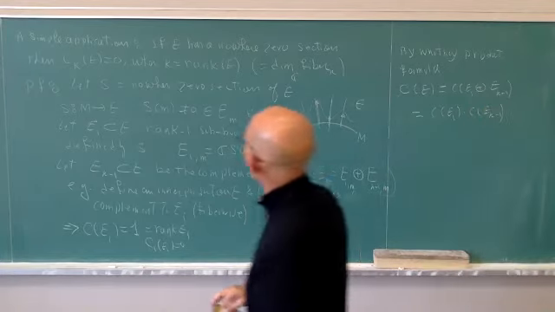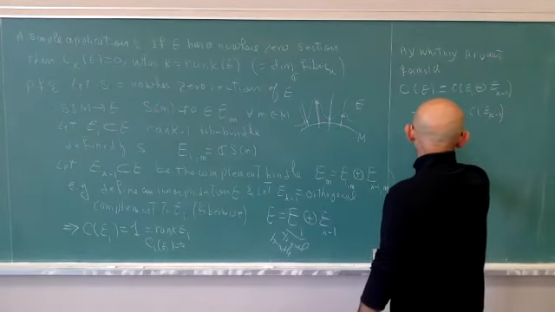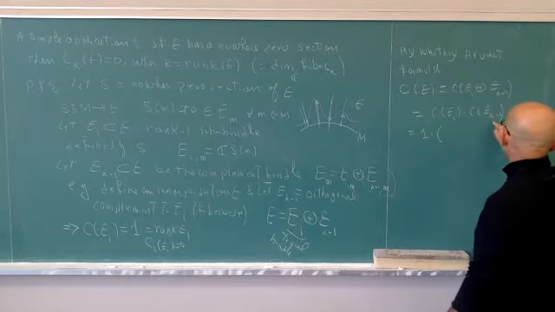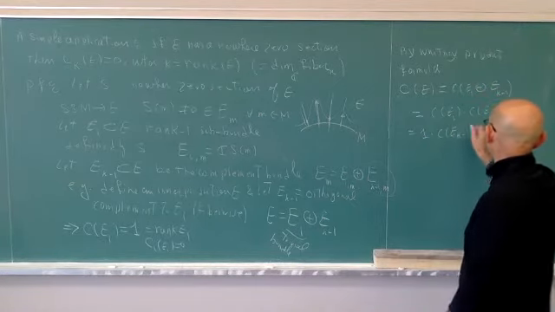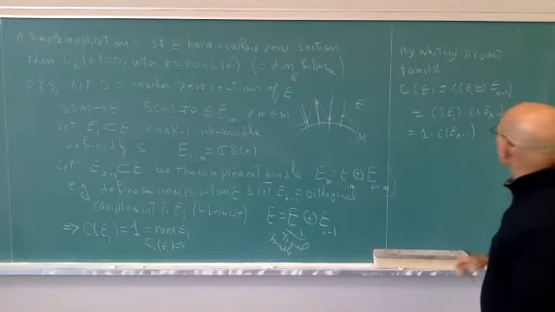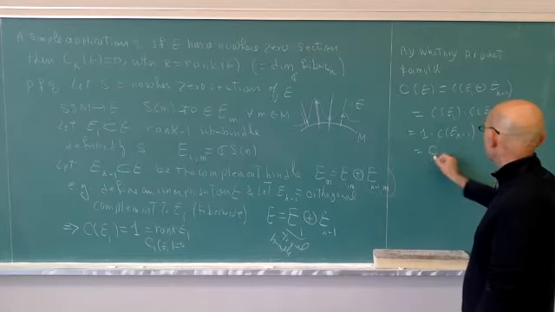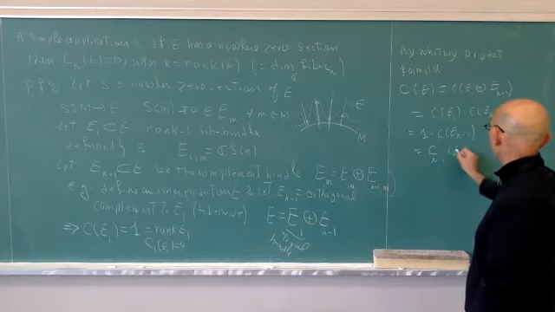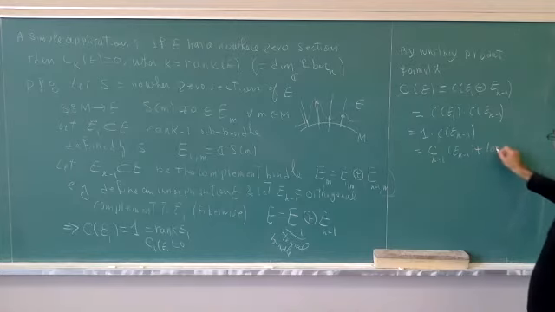So now we have 1 times C of E_{k-1}. Notice that this is equal to C_{k-1} of E_{k-1} plus lower order forms.